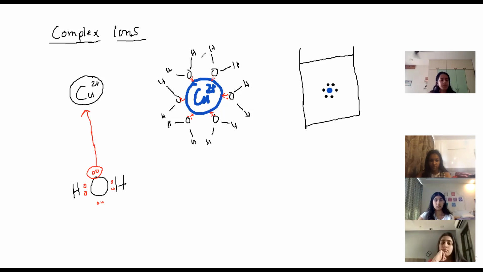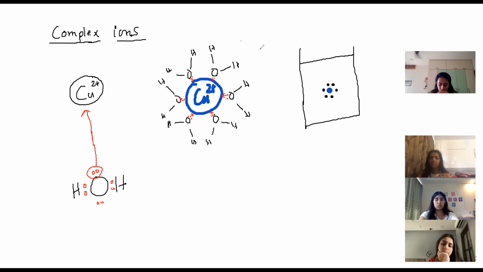However, the copper ion now is not alone. The copper ion is bonded by 6 water molecules around it. So now the copper ion itself is not an independent particle. Copper ion and the 6 water molecules together are one particle.